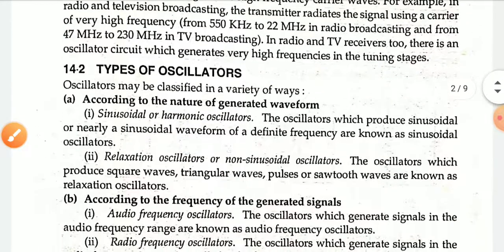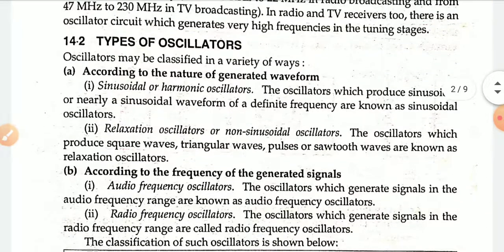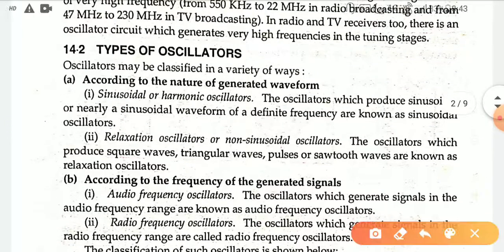Now we are talking about the types of oscillator. According to the nature of the generated waveform, that is, what kind of oscillating signal that particular oscillator can generate, on that point of view it is classified. If a sinusoidal signal is generated, it is defined as a sinusoidal or harmonic oscillator.